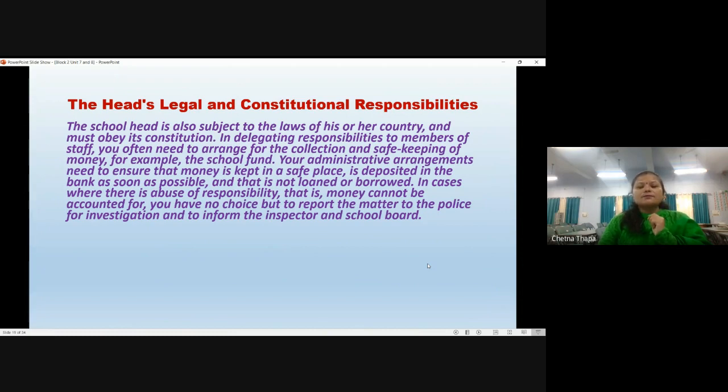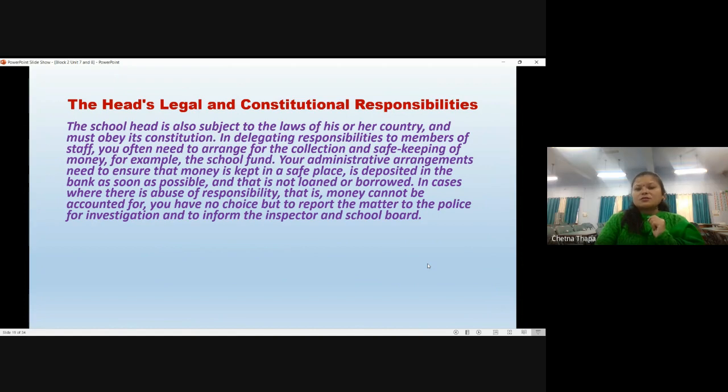In cases of abuse of responsibility, if people are misusing that fund and the money cannot be accounted for, we have no choice but to report the matter. That matter will be reported to the police for investigation, and you have to inform the inspector and also the school board.